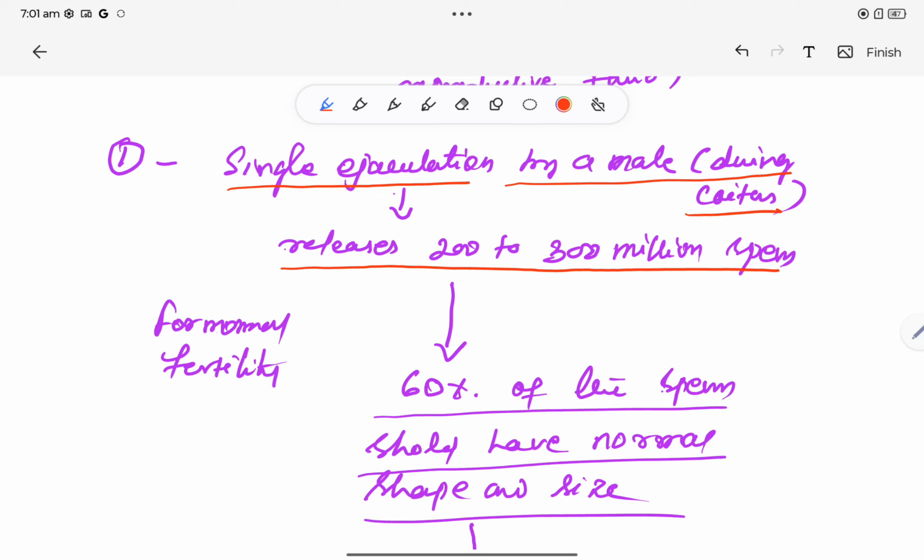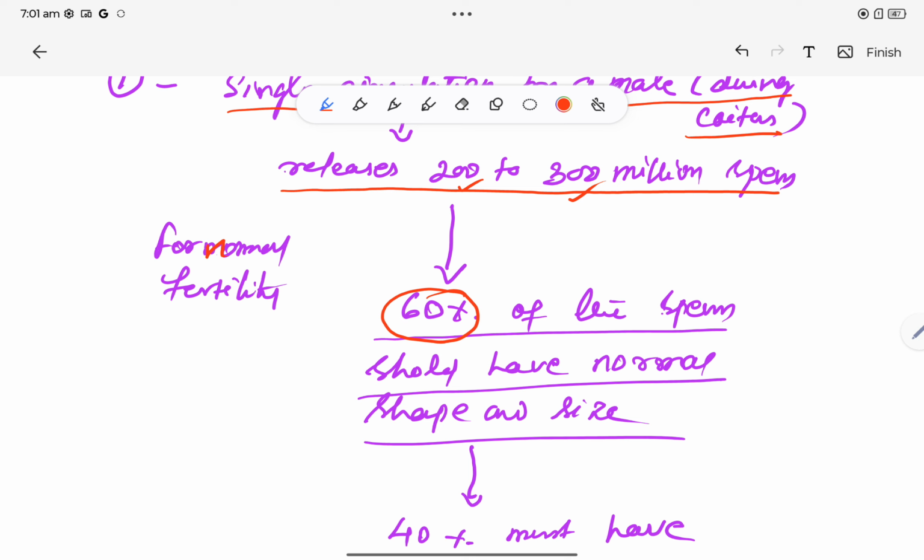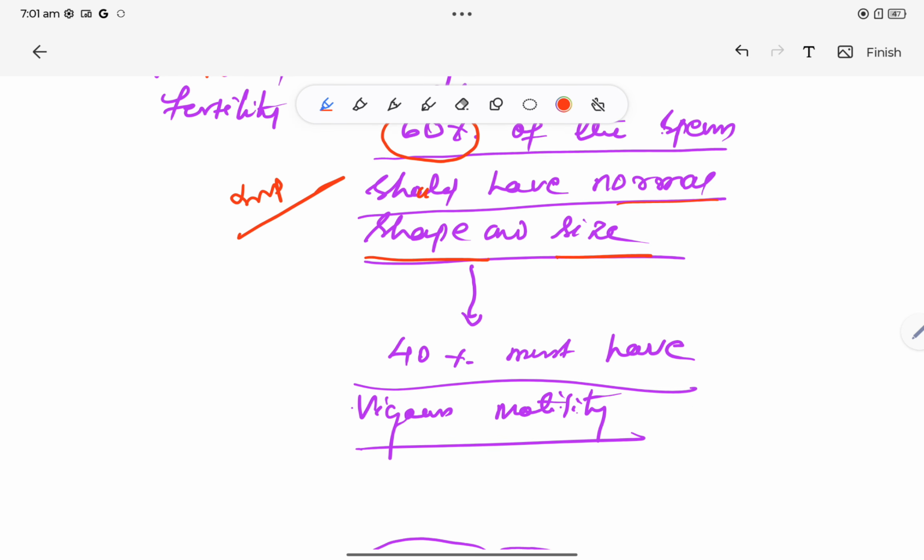For normal fertility, in a normal human being, out of these 200 to 300 million sperms, 60% should have normal shape and size. Very, very important. And out of this 60%, 40% must have vigorous motility.